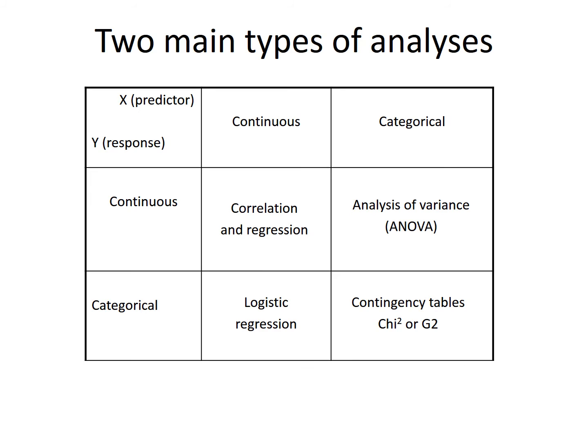And if it was a categorical predictor and a categorical response, so does the presence or absence of xerophyta depend on aspect, then a chi-squared or a g-squared analysis would be appropriate. Now we're going to focus on those first two types of analyses, but you're welcome to come talk to me if you're interested in the other two categories of analyses.